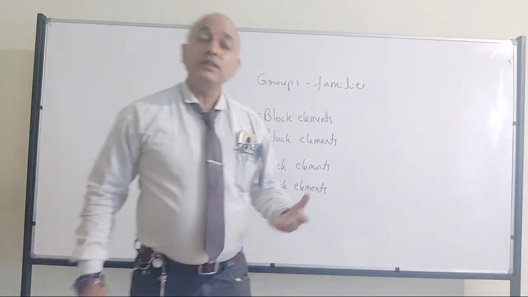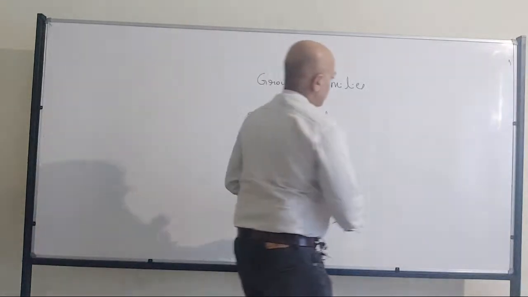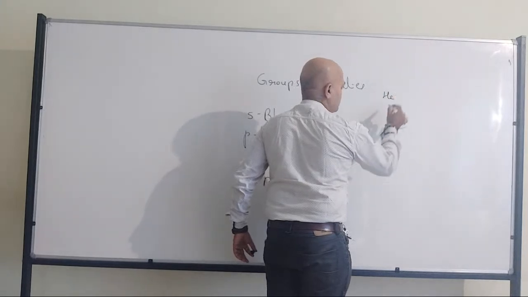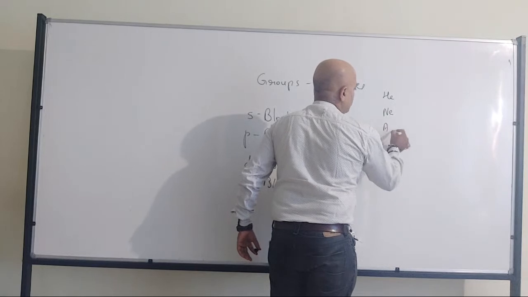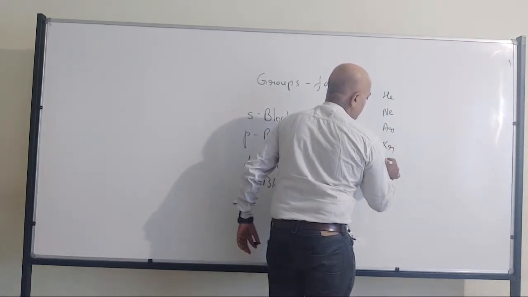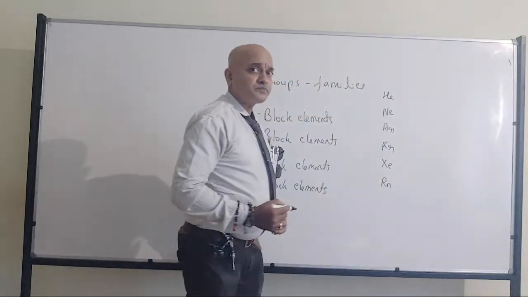During that time, you already studied how to write the electronic configuration. Now to write the electronic configuration, first we should know the inert gases: helium, neon, argon, krypton, xenon and radon.